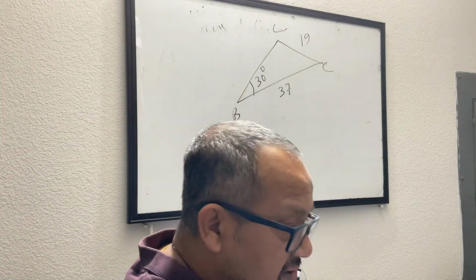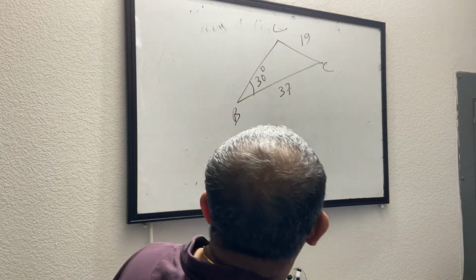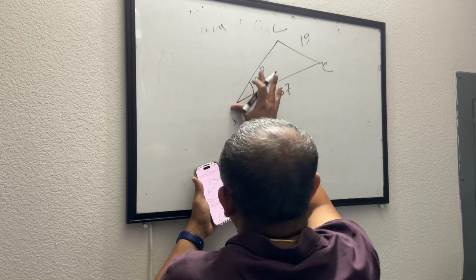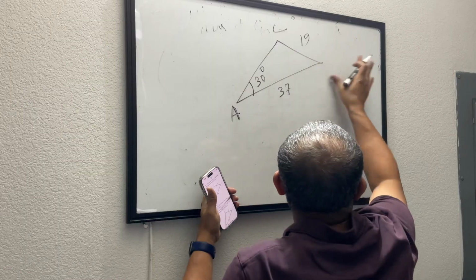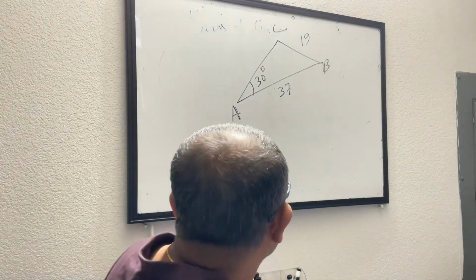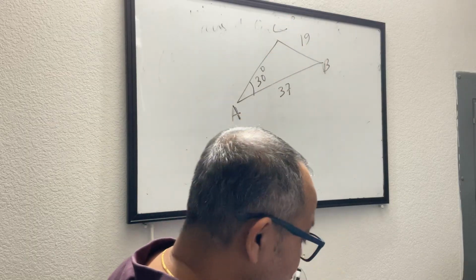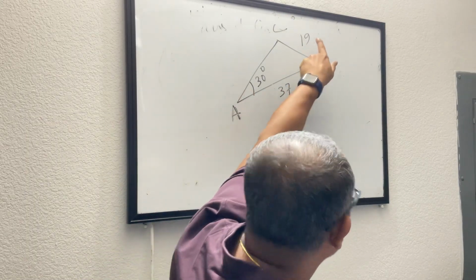So this question says, the figure shows triangle ABC. Man, what is going on here? Am I too old to remember things? I hope there is still some age left. Okay, so triangle ABC. This is the angle given to us, and these two sides are given to us.